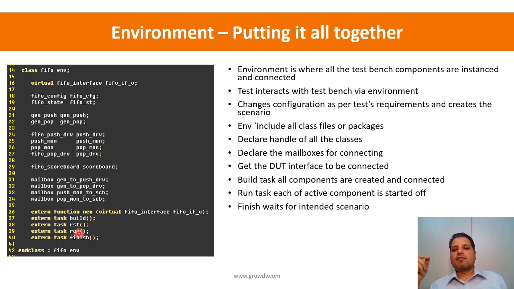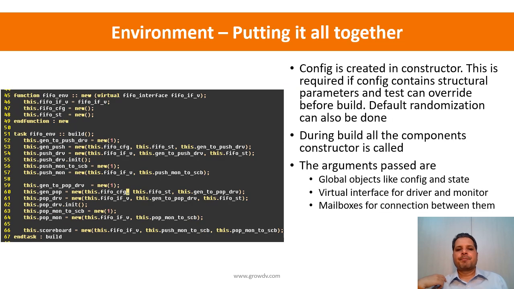So in the environment run, we will call the run task of each of the active components, and in the finish, we will wait to see whether the intended scenario is completed, and as soon as the intended scenario is completed, we can finish the existence of the environment. So that is what we are going to do in the FIFO env. Now let's find out further how each of these gets implemented.